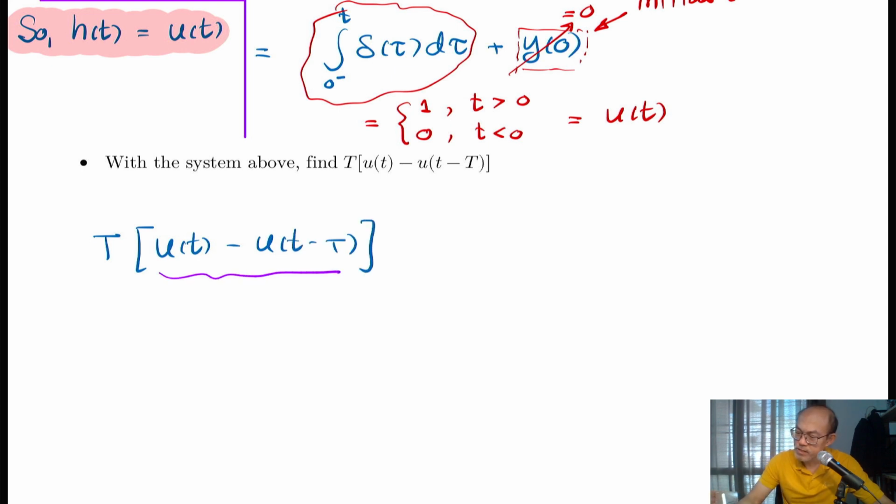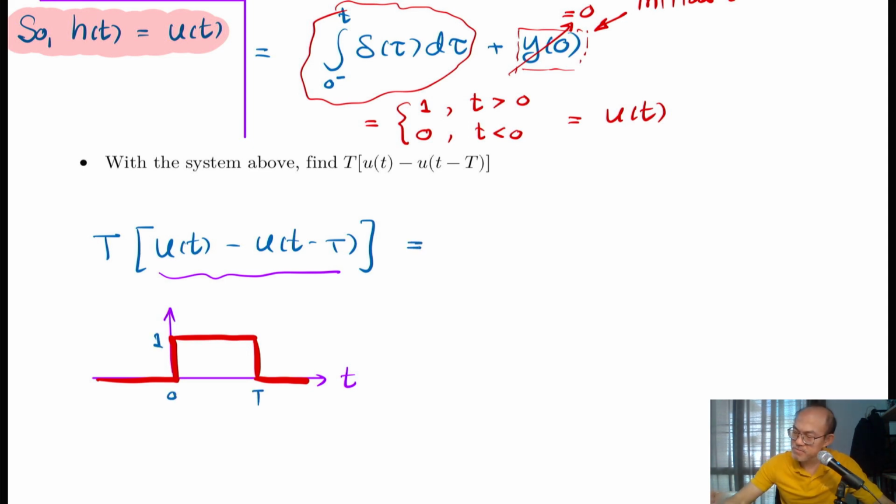What is this one? This is the signal starting from 0 and ending at time T, with height 1.